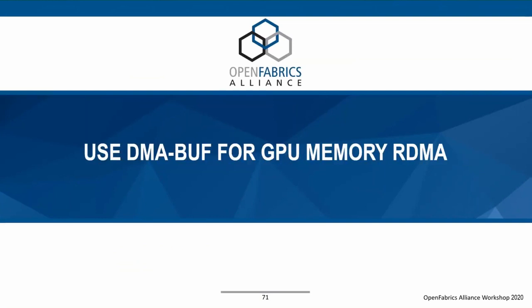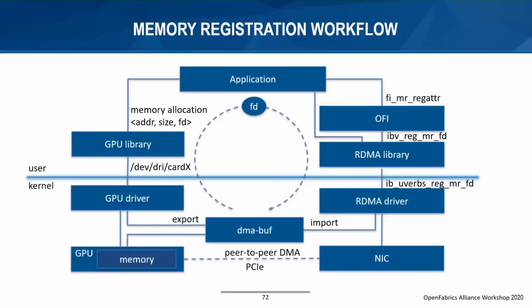Now we'll show our implementation of how to use the DMA-BUF to support GPU memory RDMA. Next slide, please. The implementation is mostly focusing on the memory registration side, because that's where the GPU memory is different from the system memory.